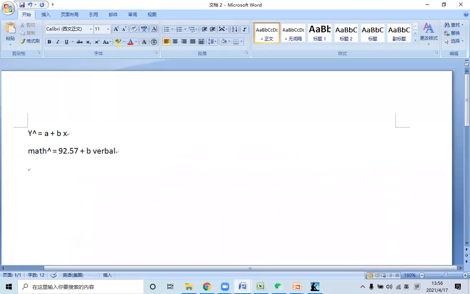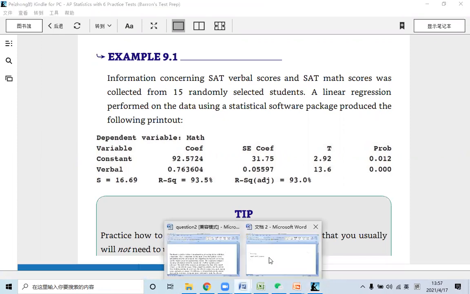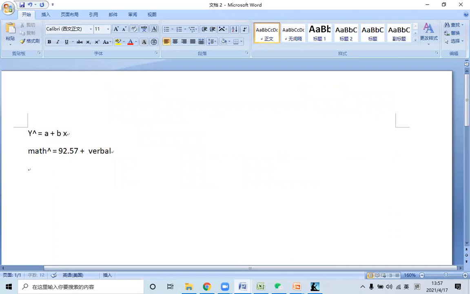What is b? b is the slope, that is the coefficient for the verbal predictor, 0.764, times the verbal score.